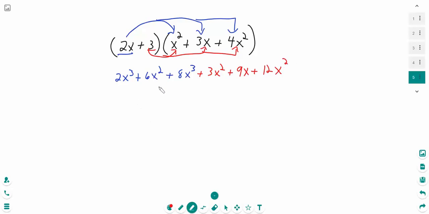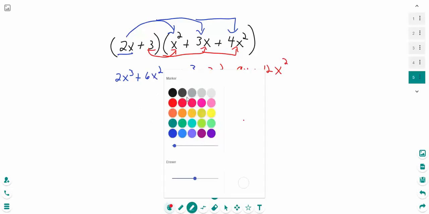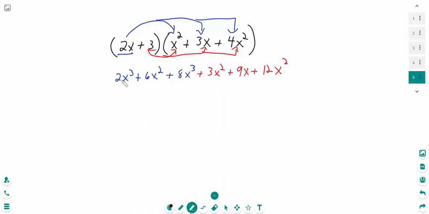And then we can combine any and all like terms. So looking at that, we have a 2x to the third, we have another 2x to the third, or x to the third, excuse me, right here. So we can certainly combine those, and we get 10x to the third. And then we have a 6x squared and a 3x squared.